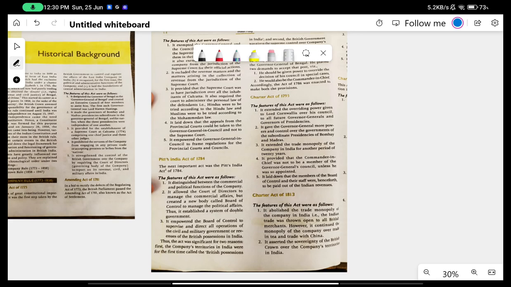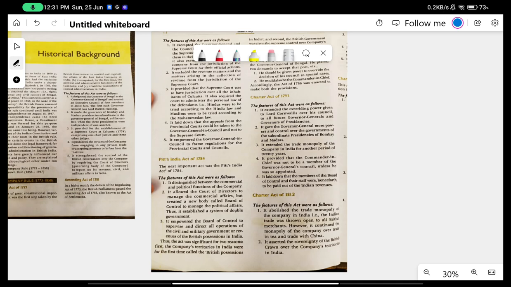Before, the company was ruling independently, and from time to time the British government would pass some orders and give some instructions to the company, and the company would obviously have to follow them. But this time it said that now we are taking charge of India and we will rule India through you. I've written in my notes that this means that from now on the company did not have any autonomy over its affairs in India.